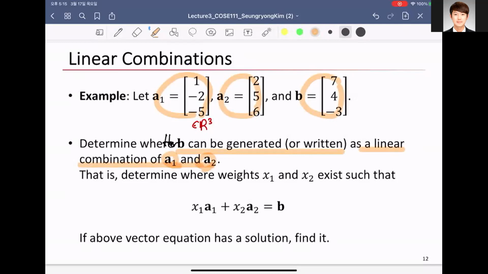Determine whether vector b can be written as a linear combination of a1 and a2.